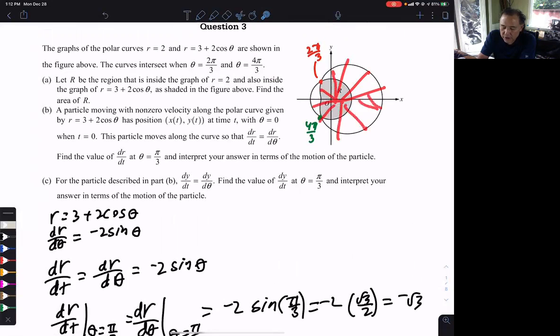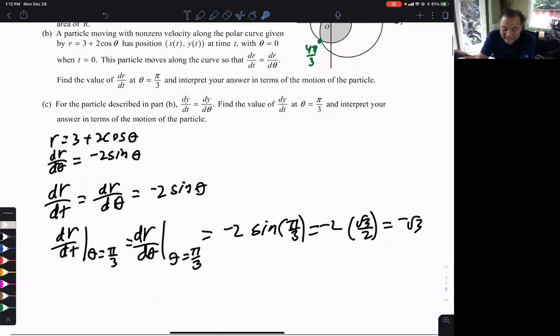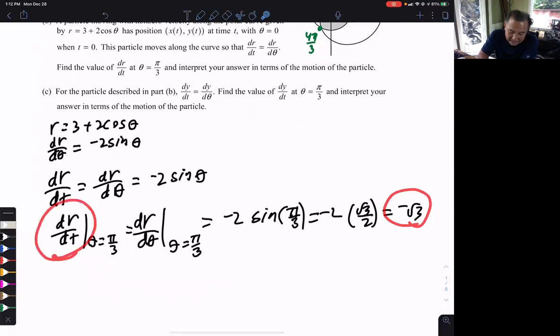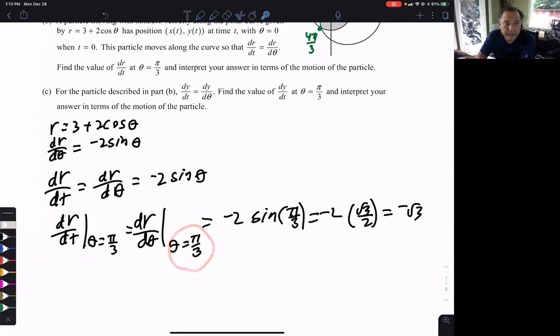And since all my R's are positive and R's are decreasing, that would indicate that the particle is moving closer. Since dr dt is negative, that means R is decreasing, meaning the particle is getting closer to the origin as time moves on at pi/3.